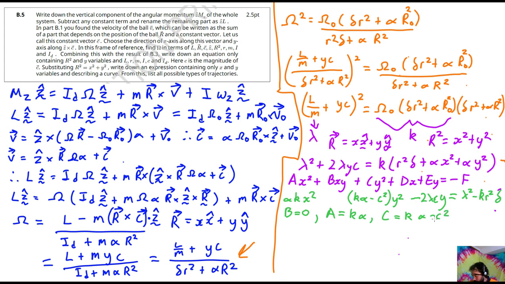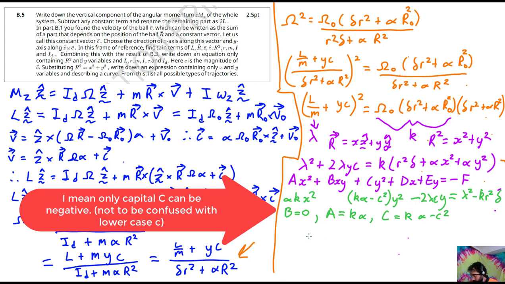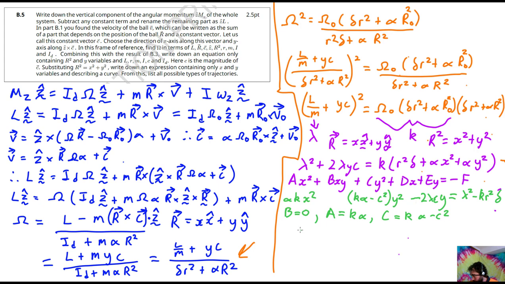Now the key factor that we needed for this to work is we always looked at 4AC and how it relates to B squared. So in this particular case, if we have AC greater than or equal to 0, well actually if you have a look at A, K is strictly positive and alpha is strictly positive. So only C can be negative. So really C is the determining factor here for the different shapes we get.